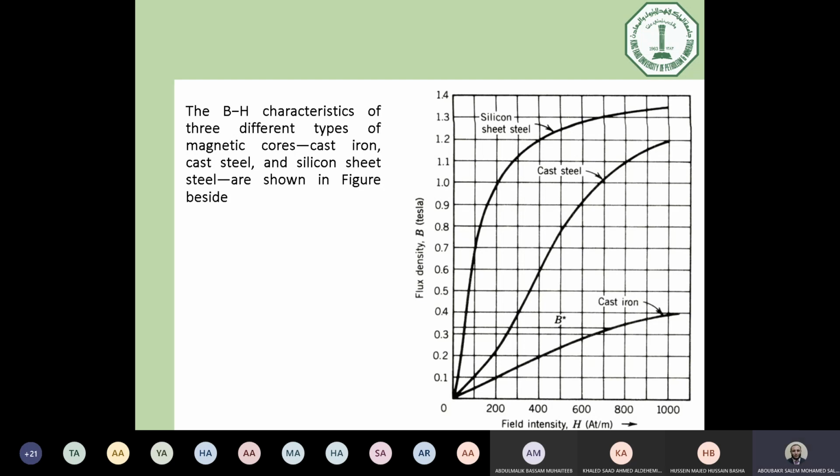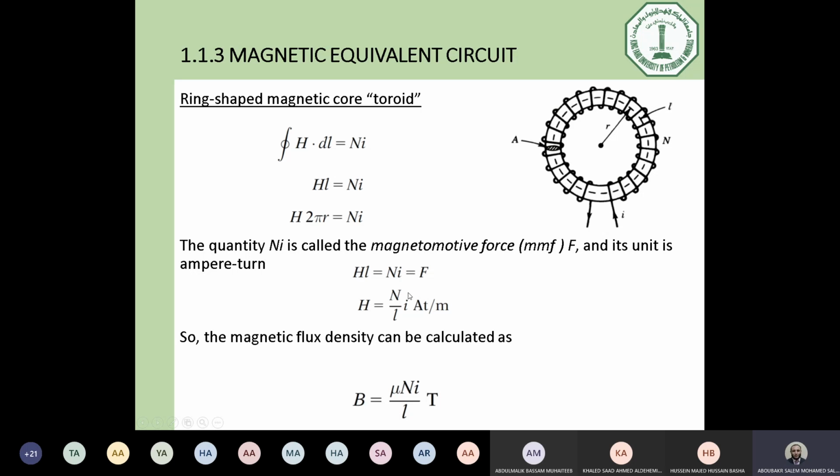Is it right? Because in the relation, we agreed together that HL equals NI, which is the MMF required. N depends on the number of turns, and we assume this is fixed for a magnetic circuit. If we have a ready magnetic circuit that is working and already designed, we cannot change N anymore. For instance, like motors. In order to have better performance, you shouldn't make a new machine or rewind the machine again.